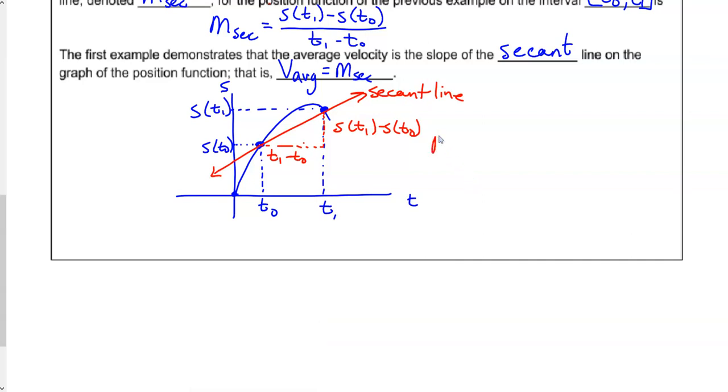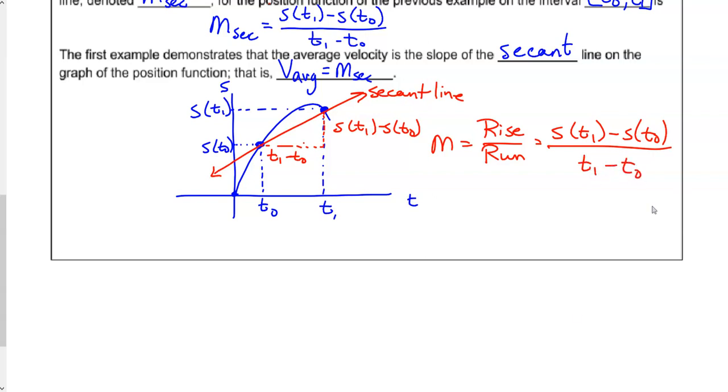Therefore, the slope is found, let's remind ourselves, as the rise over the run. And that is going to be found by taking the rise, which is s of t sub 1 minus s of t sub 0, all over the run part on my graph, which is going to be this part right here. That is going to be t sub 1 minus t0. So making sure, again, for a secant line, we do not need calculus. We can just find the difference in the y's over the difference in the x's.